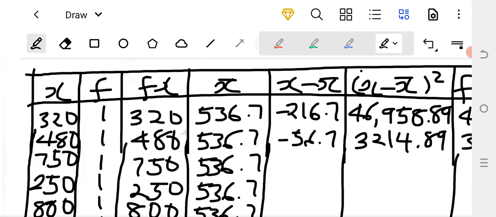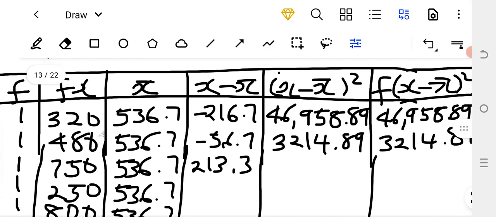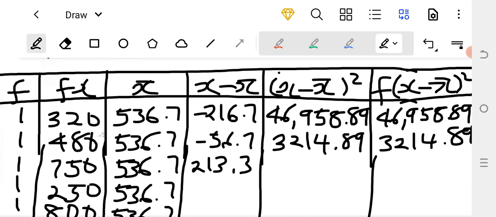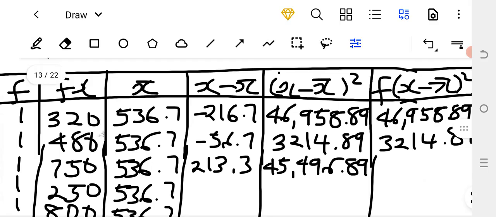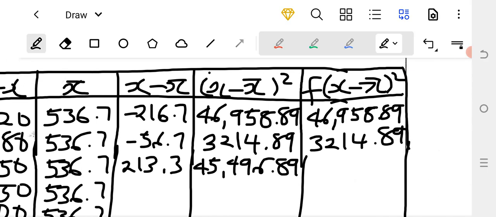So 213.3, and then you square it. You're going to have 45,496.89.